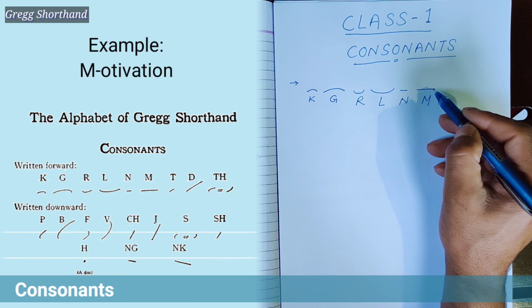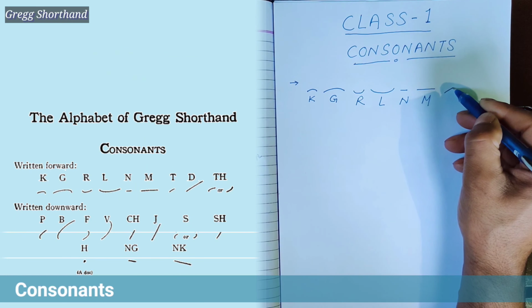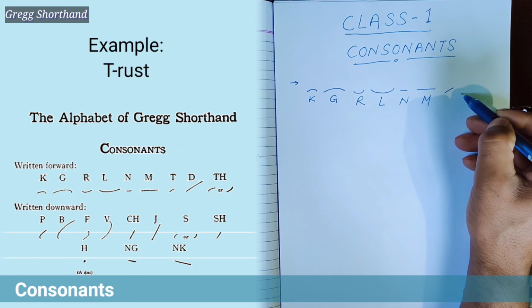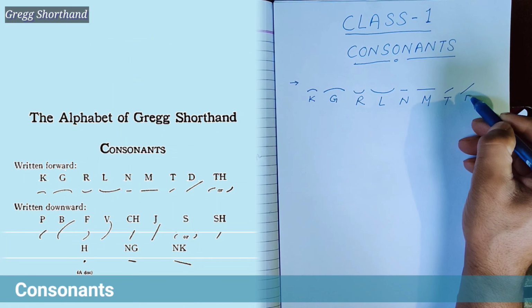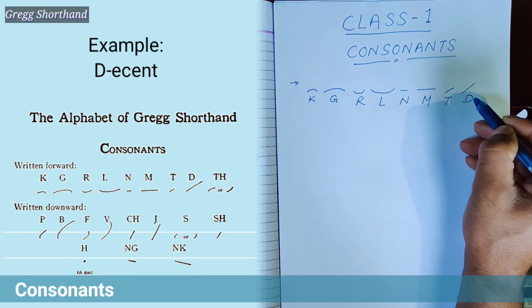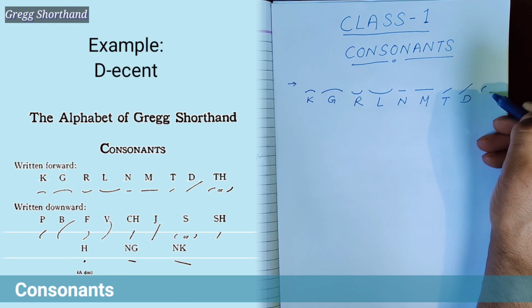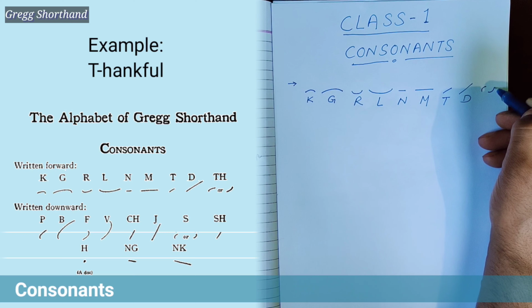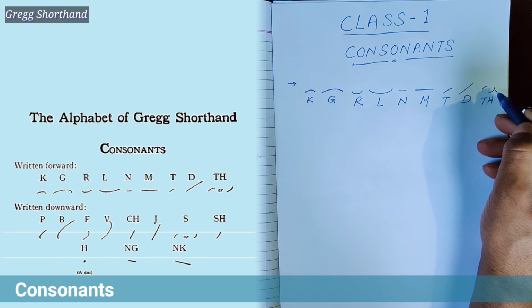Again we have T, and we have D, a little longer than T. Next we have TH, and another TH. So we have two characters for the same TH sound, right?